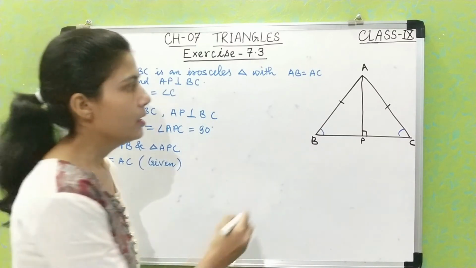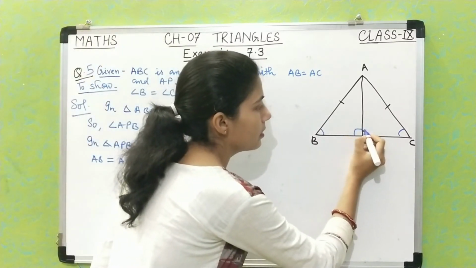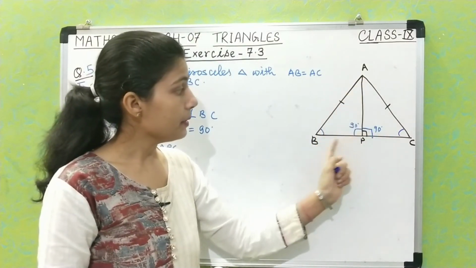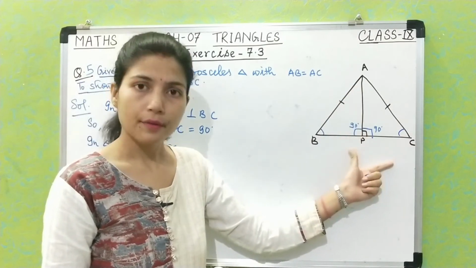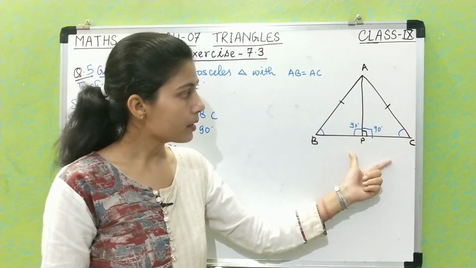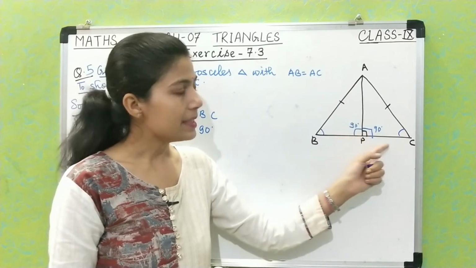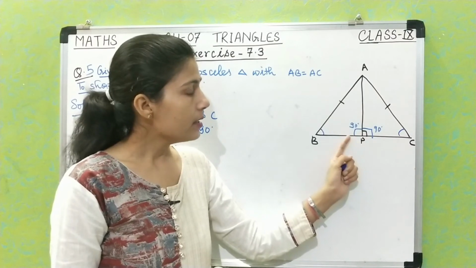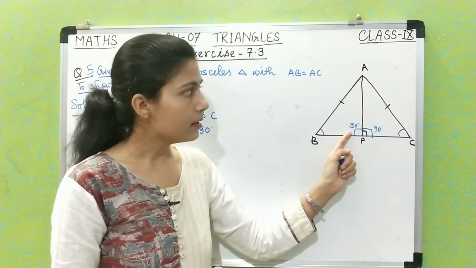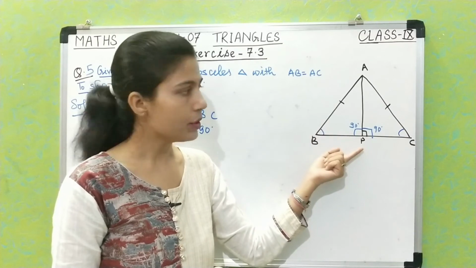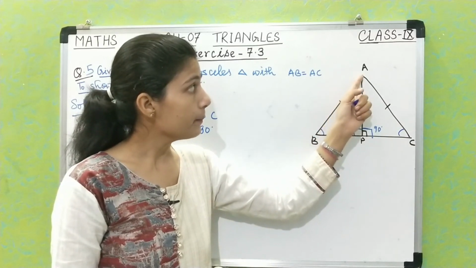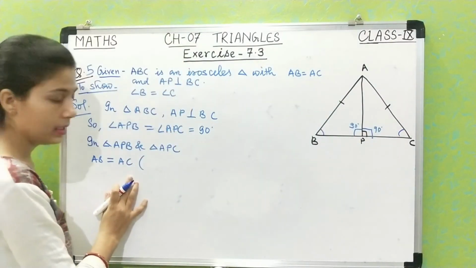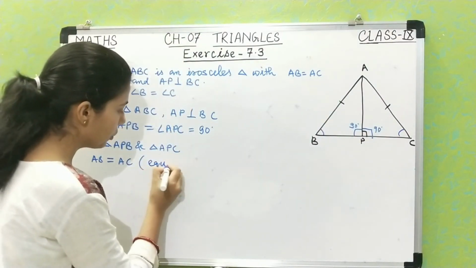Now see, since these angles are of 90 degree, it means triangle APB and APC are right angle triangle. Okay, APB and APC are right angle triangle and right angle at P. Okay, and the sides opposite to these right angles will be considered as hypotenuse. So here the hypotenuse will be AB and AC. Okay, so AB equals to AC, which are the equal hypotenuse.